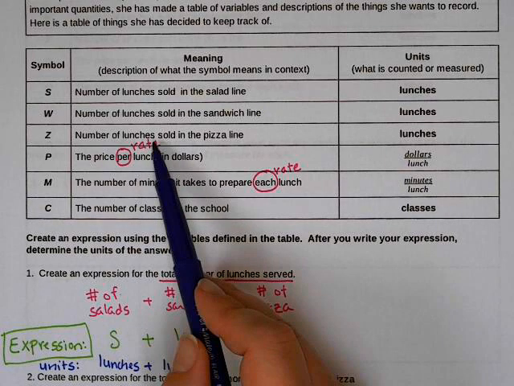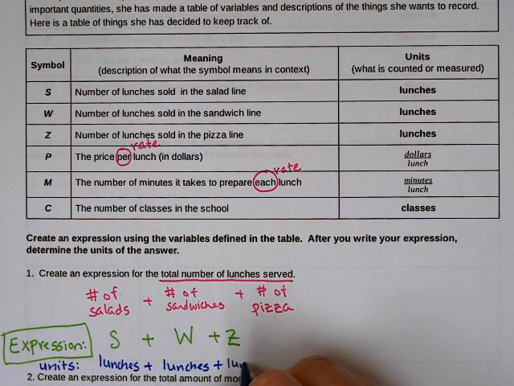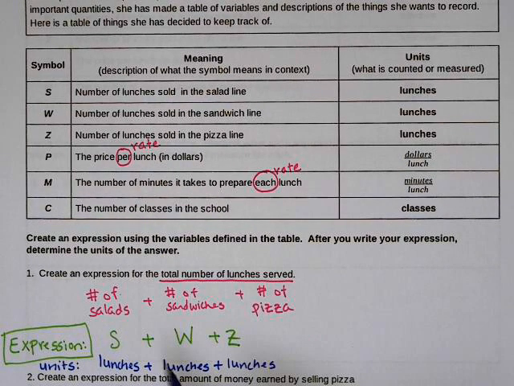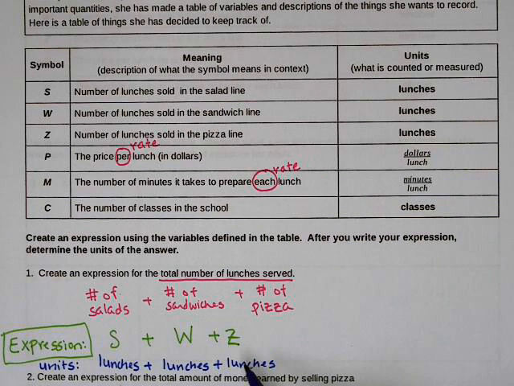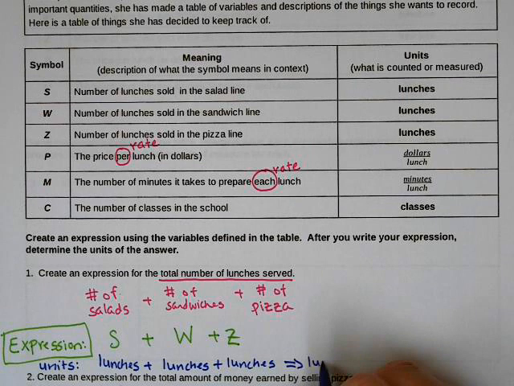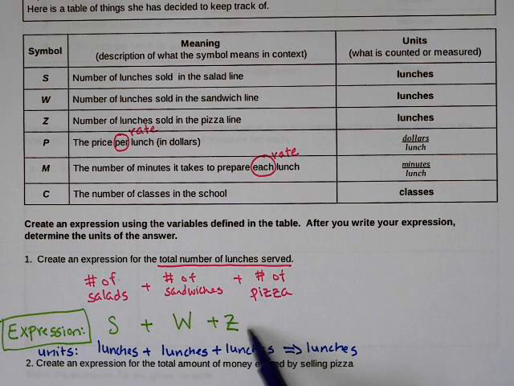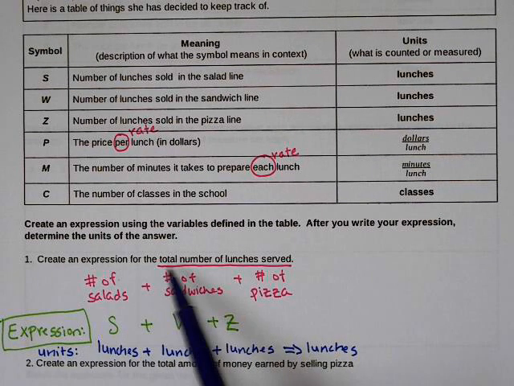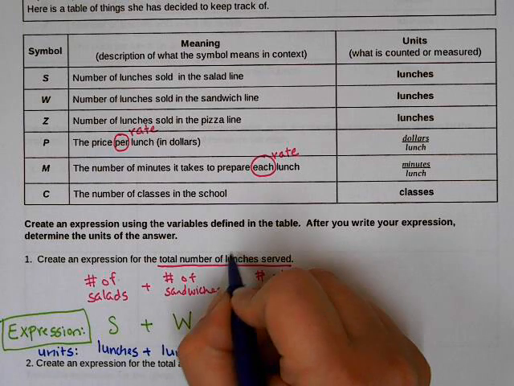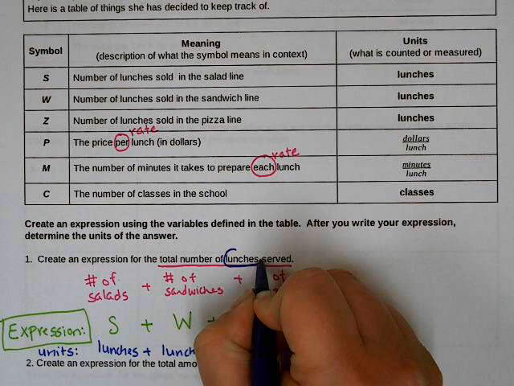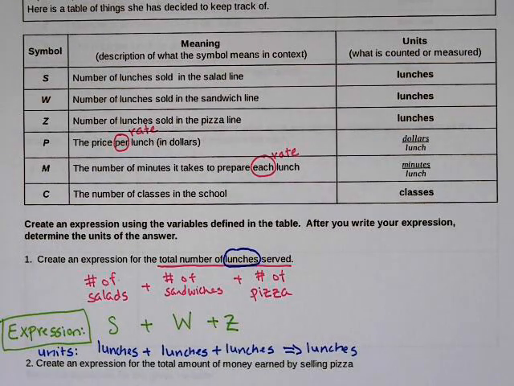We're doing number of lunches. Which means if we do lunches plus lunches plus lunches, we're going to have an overall unit of lunches at the end. So whatever we end up getting when we do S plus W plus Z, the overall answer then is going to have the units of lunches, which makes sense. We're creating an expression for the total number of lunches. So that matches what they even told us in the original sentence.